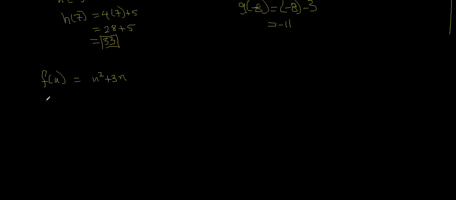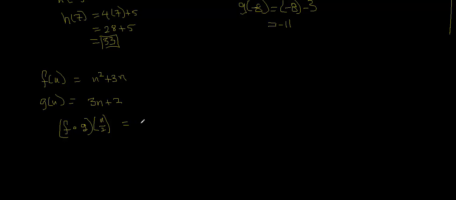And our second function, let's call it g of n, equals 3n plus 2. And they want us to do f composite g of n over 2.